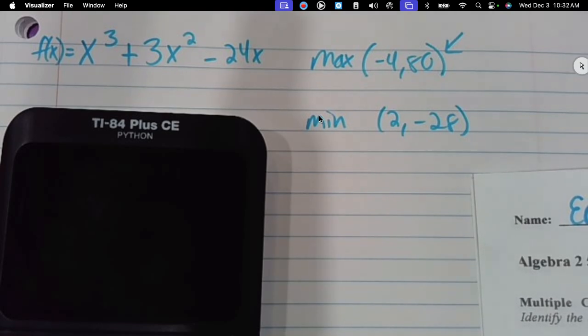So I have the length. If the length must be 1.5 times the height, 1, 3, 4. I've got height. And what would my width be? 1, 3, and 4.